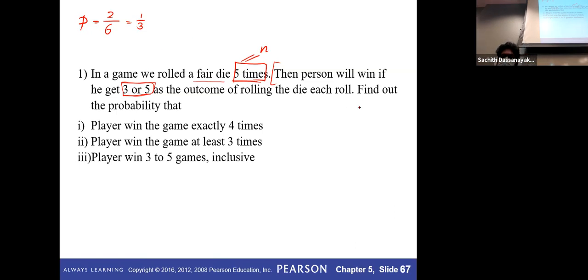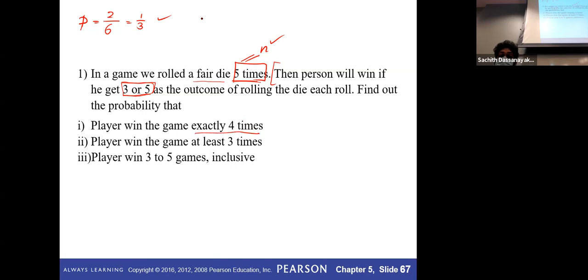Now find out the probabilities. So we have N, we have P. Now we need to find the particular X values to find the probabilities. Those X values are given in these subparts. Player wins the game exactly 4 times. How many times? 4 times.